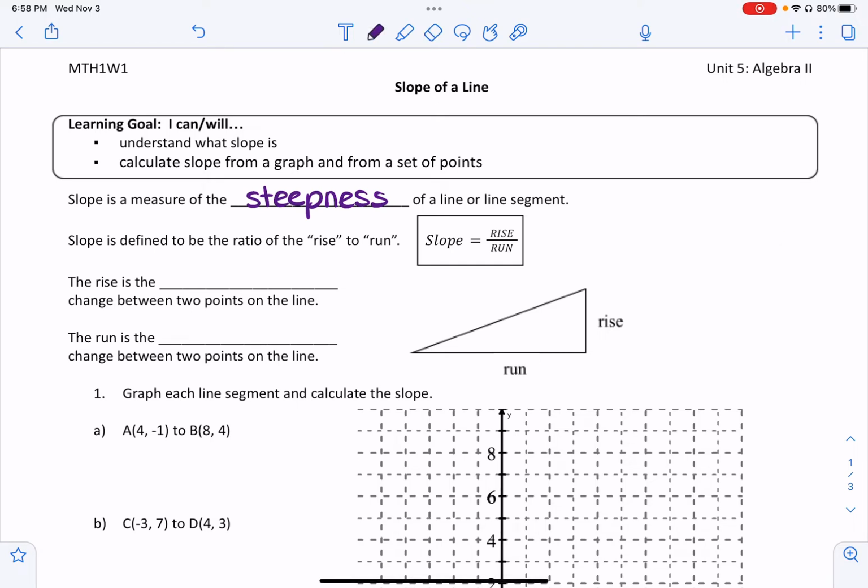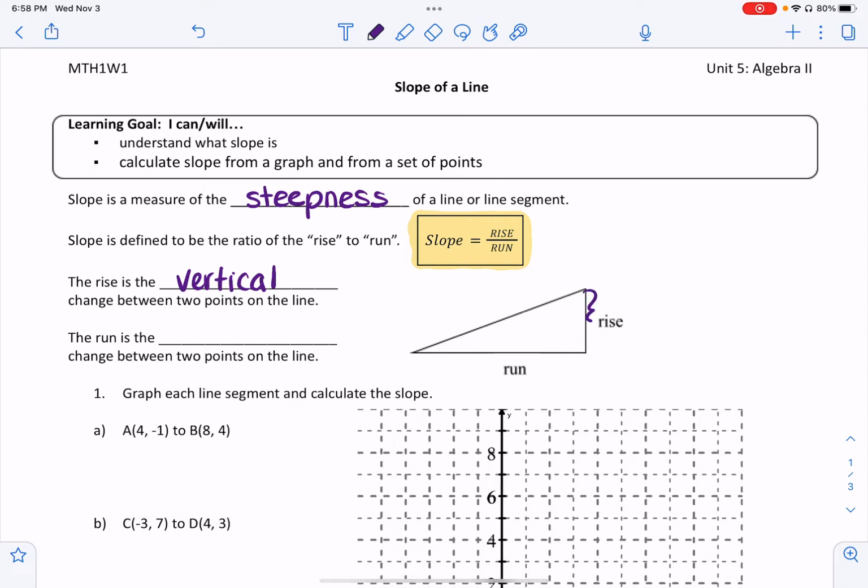So when we want to define slope mathematically, and we want to mathematically talk about how steep a line segment is, we use this equation here. Slope is equal to rise over run. The rise is the vertical change between 2 points on the line.